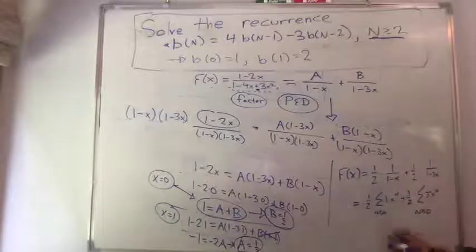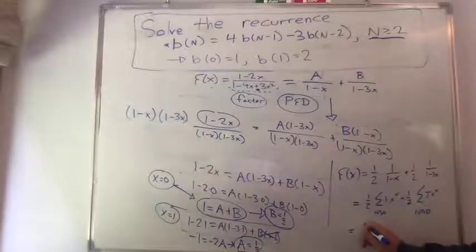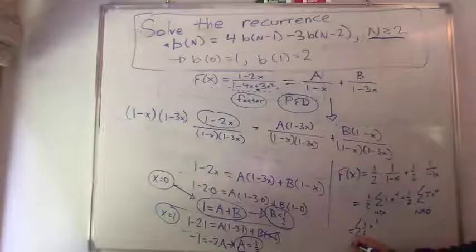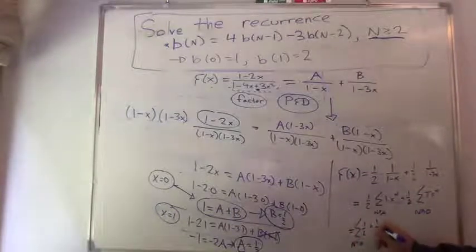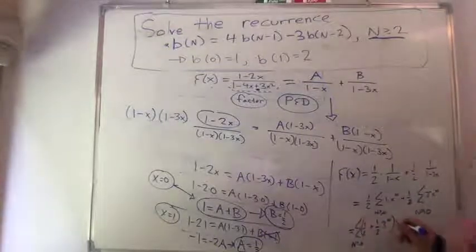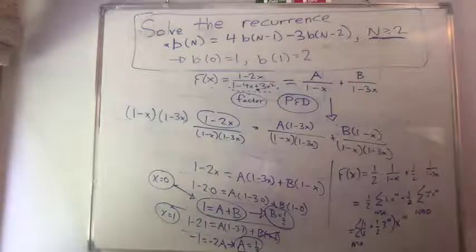And so what we're able to come up with is that this is equal to the sum from n greater than or equal to 0 of (1/2 plus 1/2 times 3 to the n), all of that multiplied by x to the n.